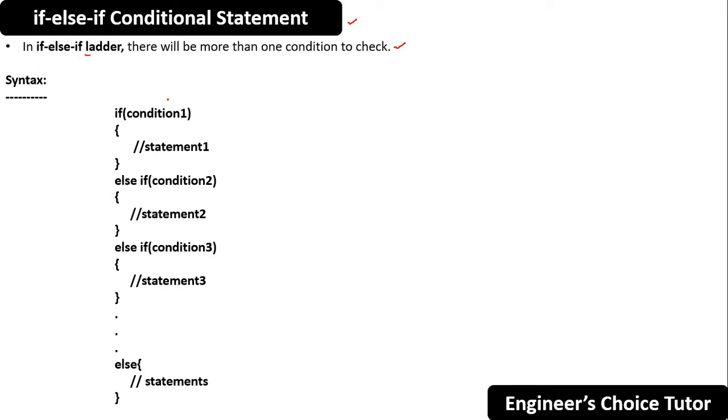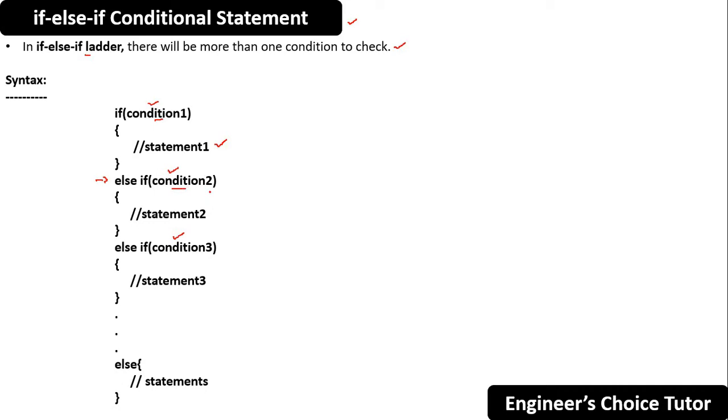See here, we have more than one condition. Condition 1, condition 2, condition 3 and so on. We can have condition n, right? So if condition 1 is true, then statement 1 will execute. Fine. If condition 1 is false, then the control will go here and it will check condition 2.